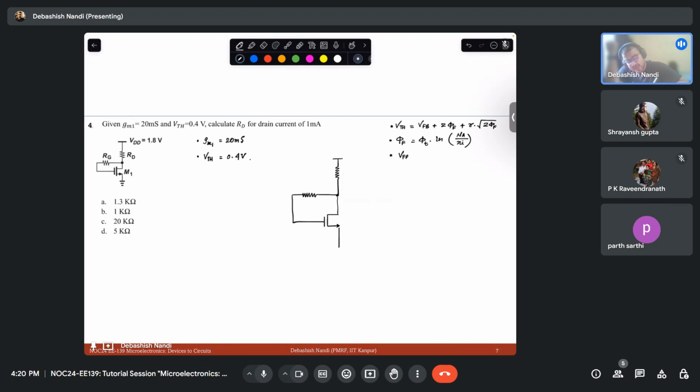And your VFB has two components we have studied in the MOSCAP portion, minus oxide fixed charges over capacitance.